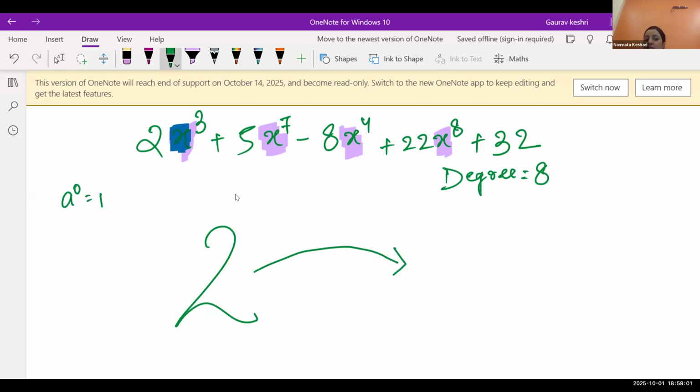Do you know a to the power 0 is 1? 3 to the power 0 is 1, 20 to the power 0 is 1, anything to the power 0 is 1.